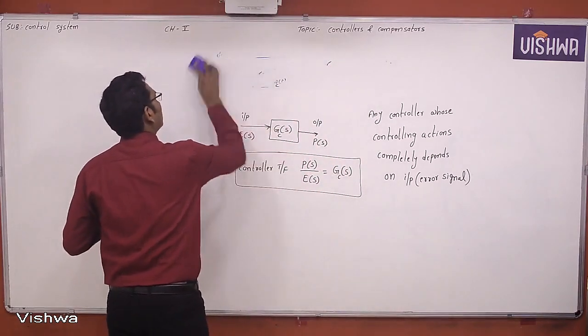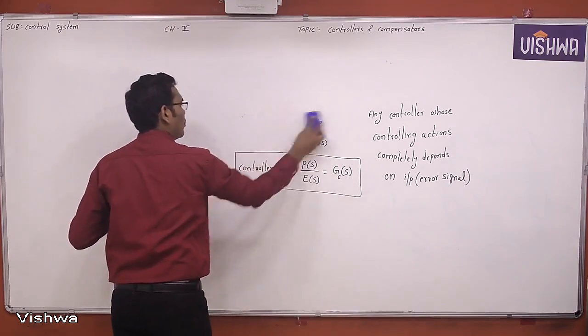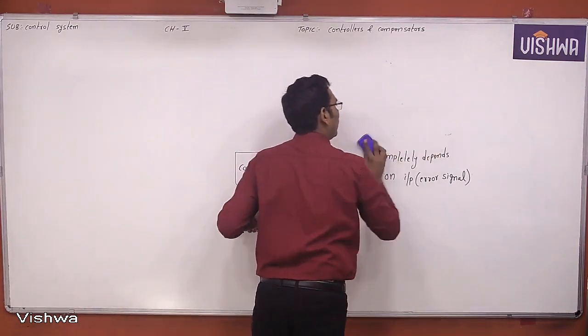This is the controller transfer function. The controller transfer function is nothing but the controller gain itself, and any controller completely depends upon the error signal.